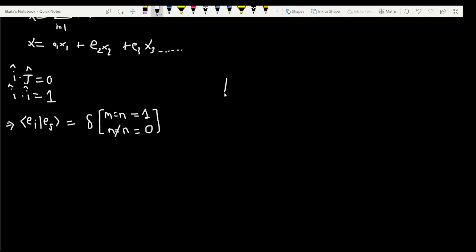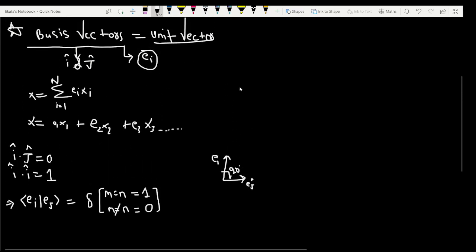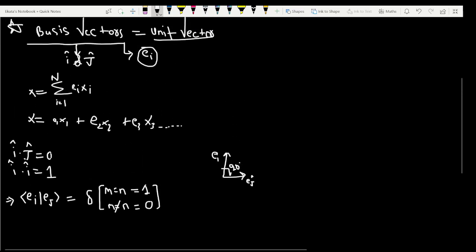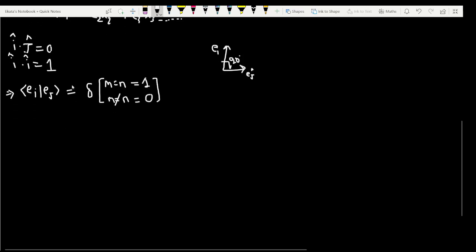Because in vector spaces, if there is an e_i and an e_j, they are always orthonormal, or 90 degrees to each other. This is a property of vector spaces, and this is how we can represent our vector in n dimensions.